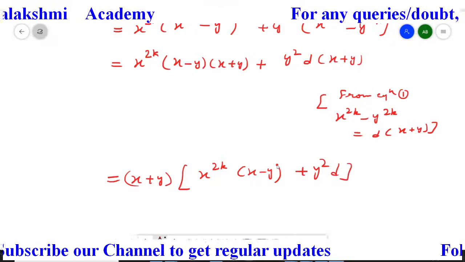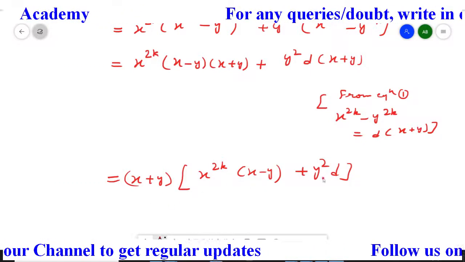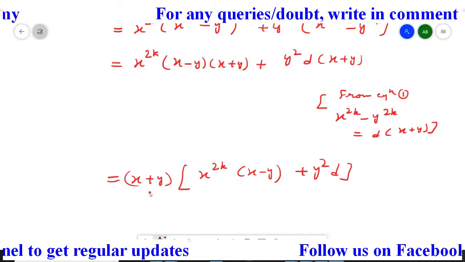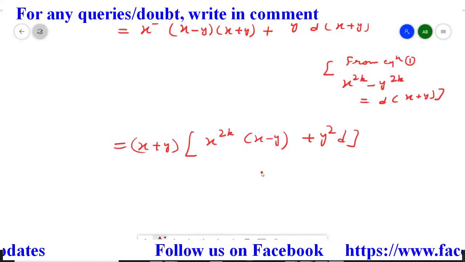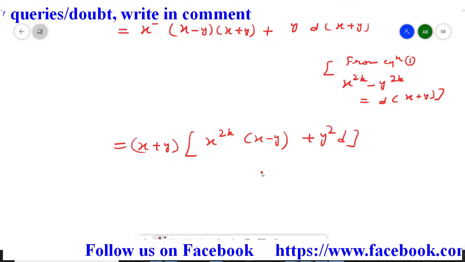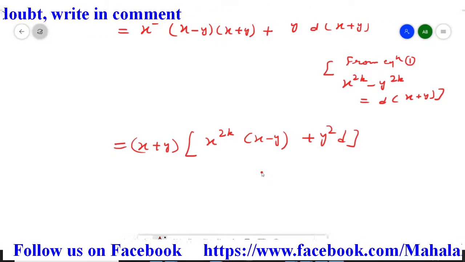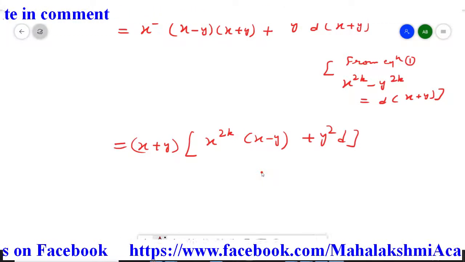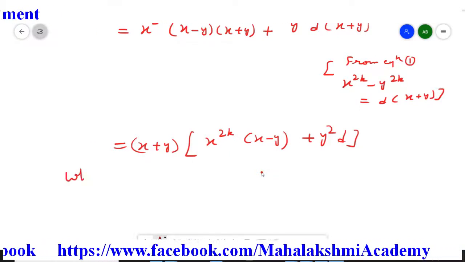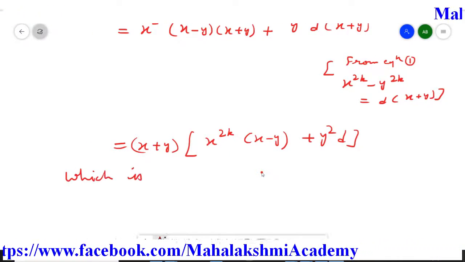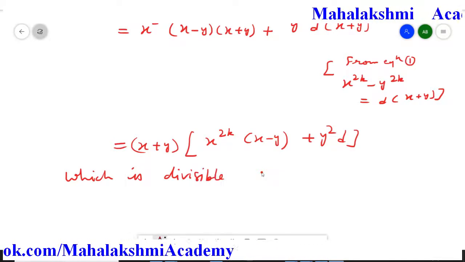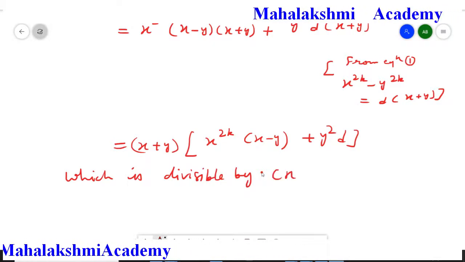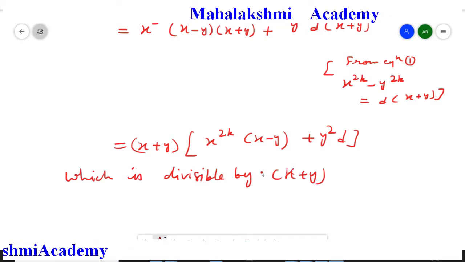Now you can see that this complete term is divisible by x plus y. So we can say that P k plus 1 statement is divisible by x plus y. So we will write down, first we will write down here which is divisible by x plus y.